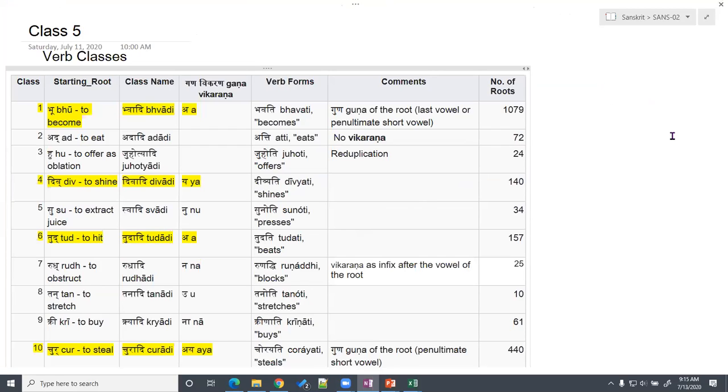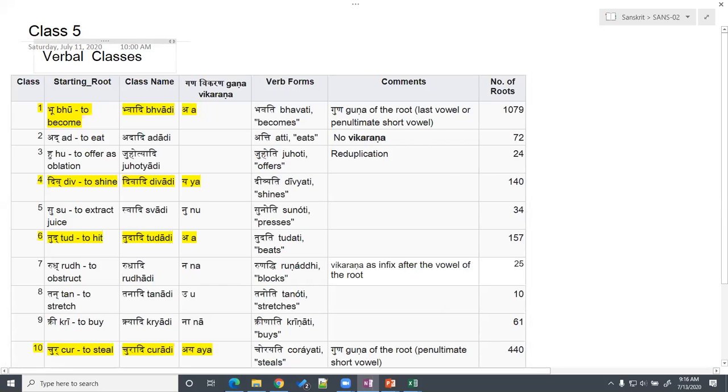They are called dhatu, or roots, and they are in the form of verbs. So all the verbs are categorized into 10 classes. Again, the question arises why the verbs are categorized into these 10 classes. There are about 2000 total roots. So verbal root classes would be more appropriate to say.